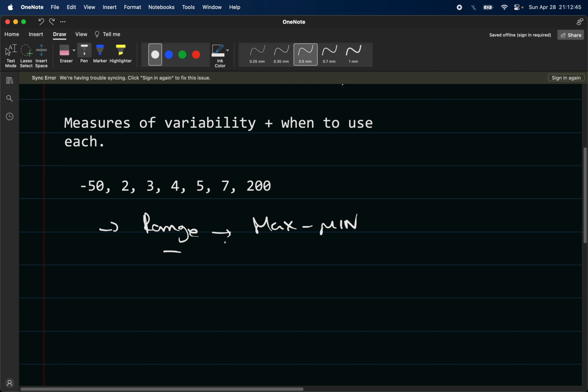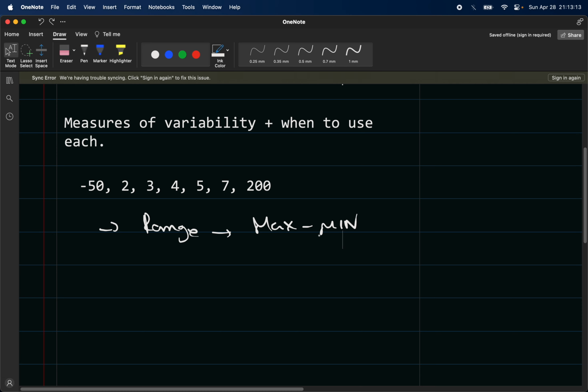So like the mean, it's influenced heavily. And in fact, this is why I created this sample data set. You can see that, again, the values fall between 2 and 7, really. But because of these two extreme outliers, the range is now 250. 200 minus 50, right? Which is not correct, really, because it doesn't describe how far apart the data is spread, right?